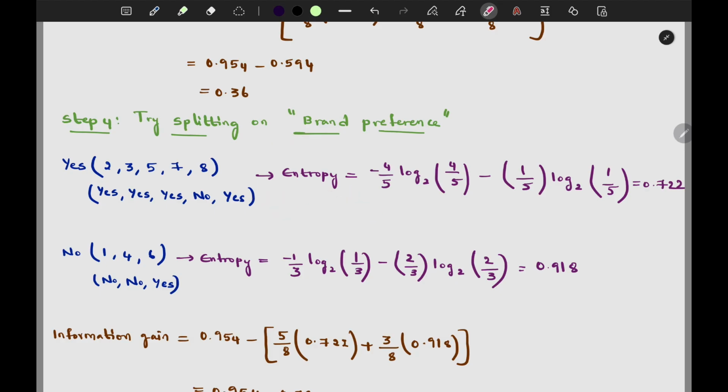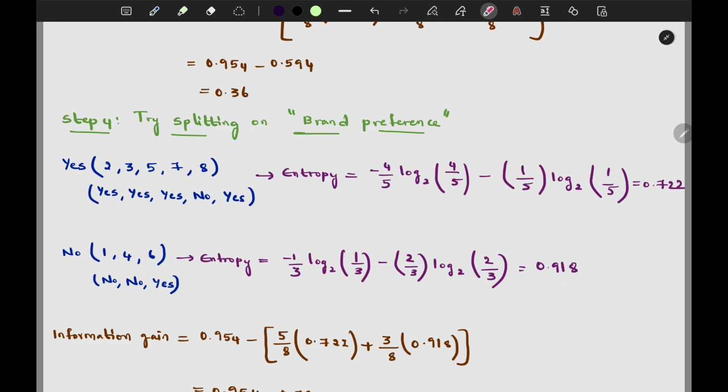So I guess by now you understand how to calculate the entropy: minus the probability of positive class into log of the probability of positive class, again minus the probability of negative class into log of the probability of negative class. That is how I got here 0.722. Similarly here, I got 0.918.